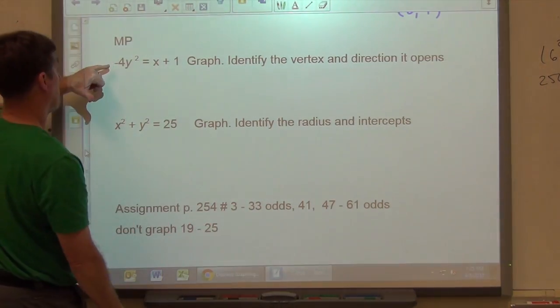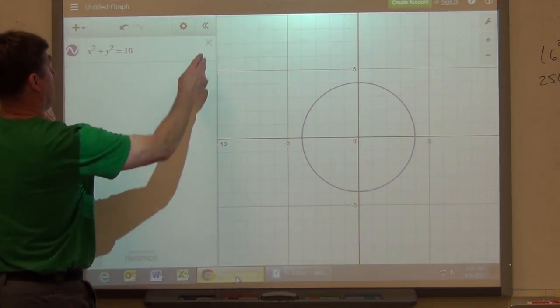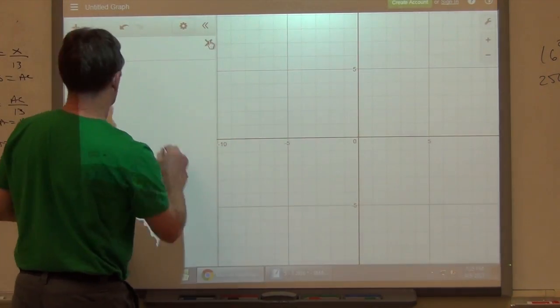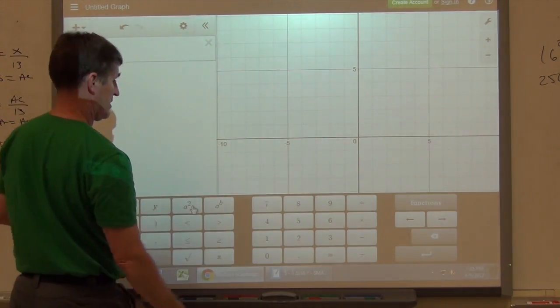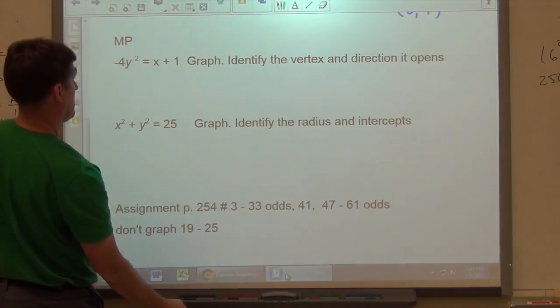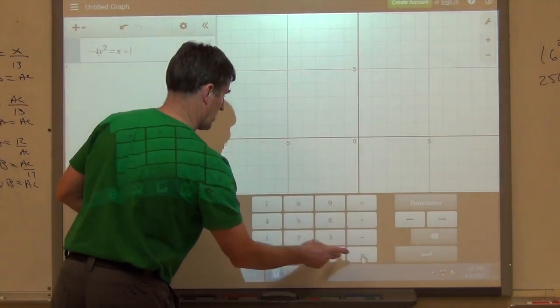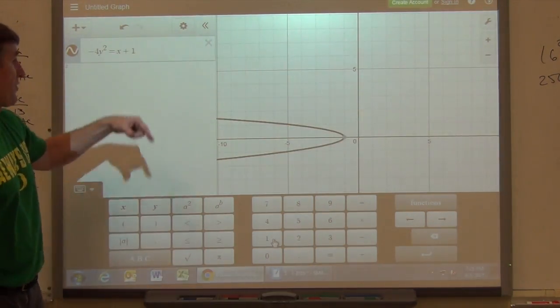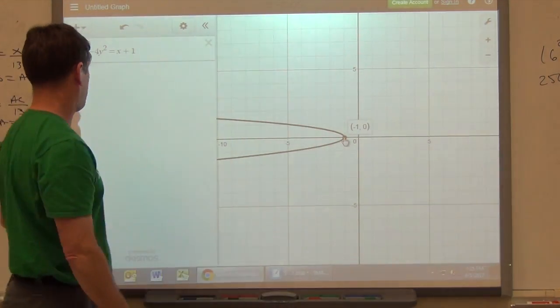So if you do these, again, we're just going to have to type this in. So -4y squared equals x plus 1. So we get our graph. Your vertex is -1, 0, and it opens left.